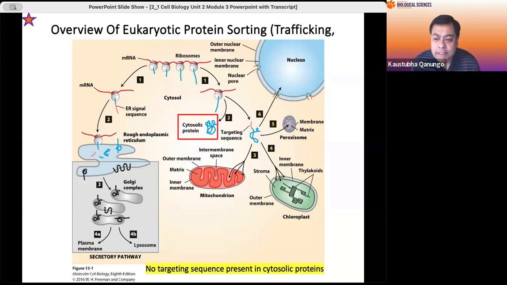So the take-home message from here is that in the cell, all these proteins that are synthesized need an address to go to a destination. And what is an address? It is just a sequence of particular amino acids, one after another, that can be recognized by other proteins to take them to a certain destination.